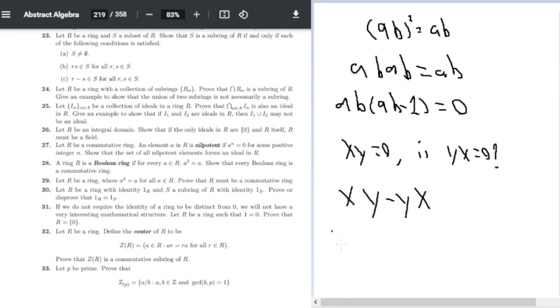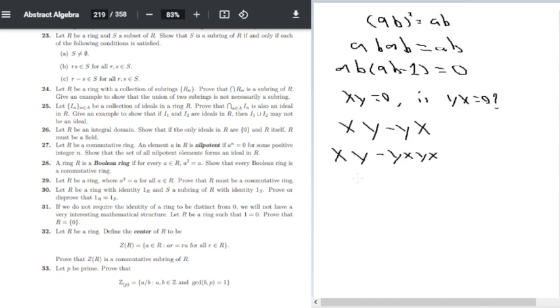So xy minus yx, xy minus yx. Hmm. Oh gosh, I can't think about it straight.